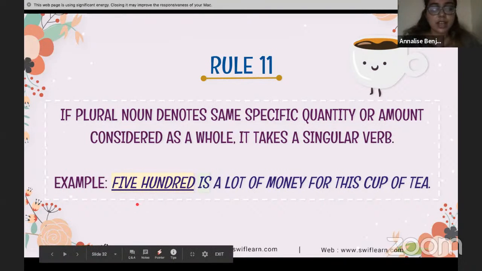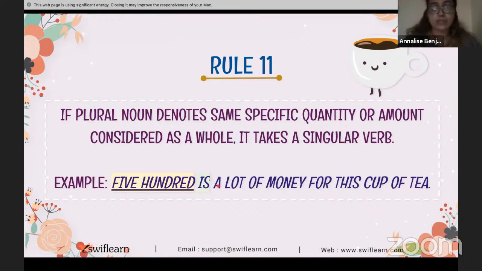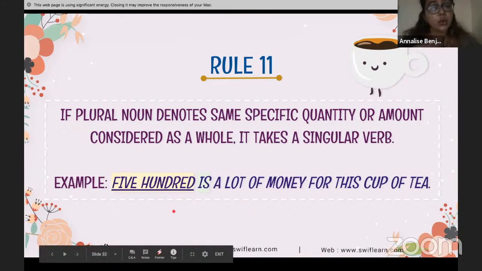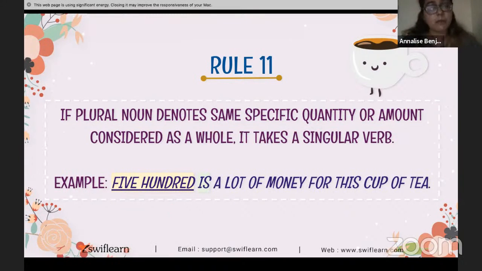For instance, 500 is a lot of money for this cup of tea. We're talking about a price, we're talking about money, right? So it's a quantity. 500 is just denoting a plural quantity. So that's why our verb is going to be singular. That's rule number 11.